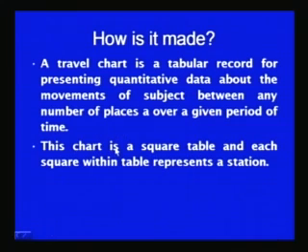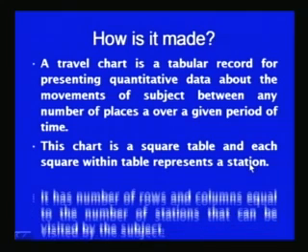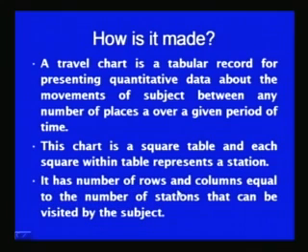And this chart is a square table, and each cell within the table represents a particular station. It has a number of rows and columns equal to the number of stations that can be visited by the subject.